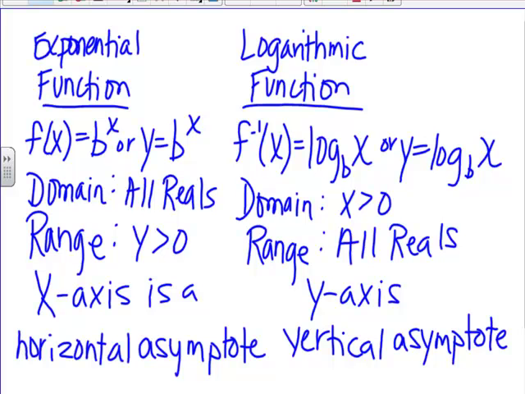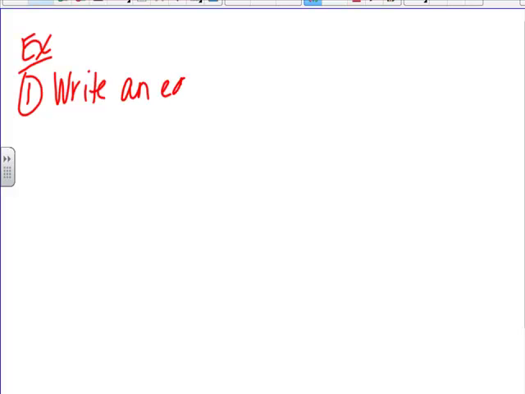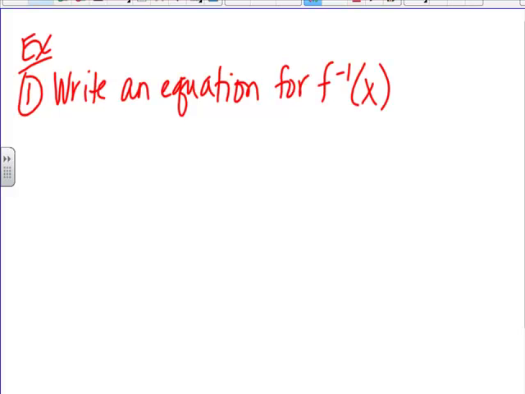Okay, just a couple examples to kind of play around with what I've just shown you here. So, you may get a series of problems that just ask you to write an equation for f inverse of x. So let's start with one.